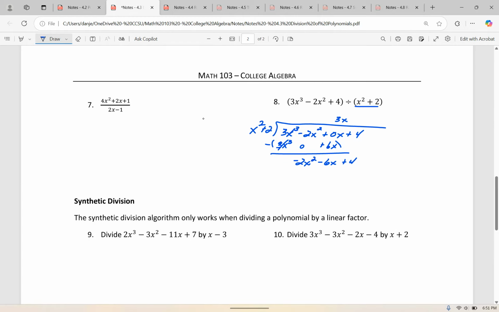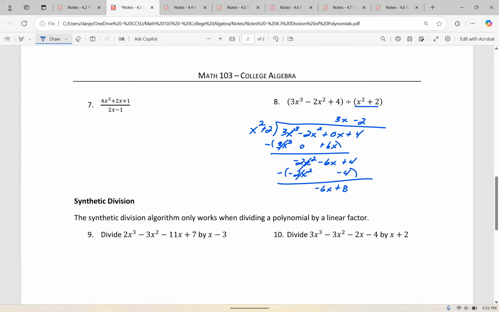Then we have negative 2x squared divided by x squared is negative 2. So we have negative 2x squared minus 4. Negative 2x squared minus the negative 2x squared cancels. Negative 6x minus nothing is negative 6x. And then 4 minus the negative 4 is a positive 8.